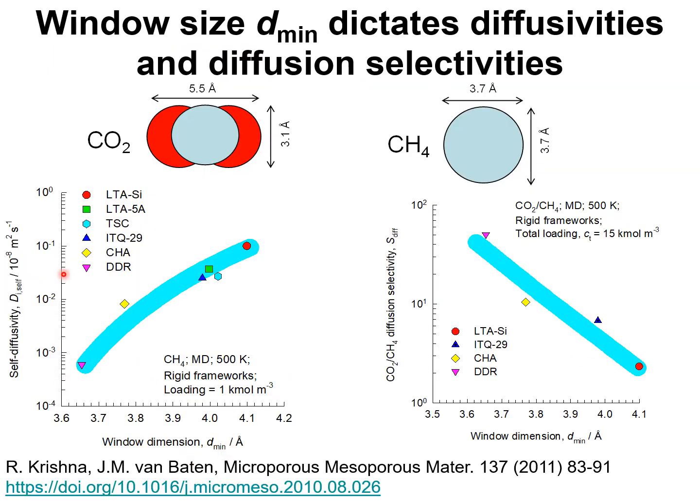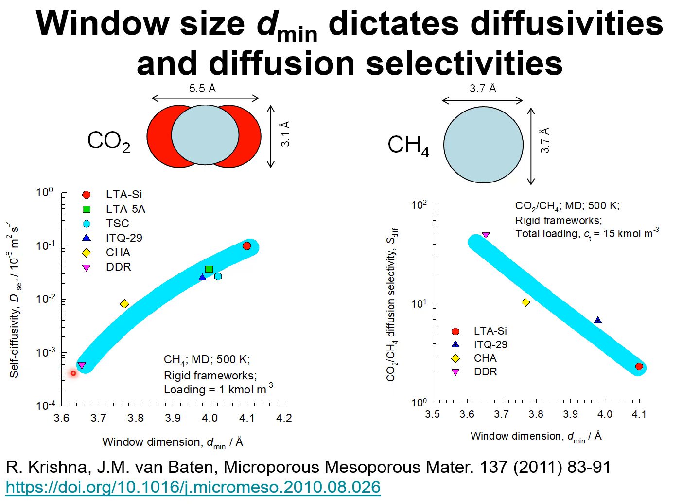In this graph, I show molecular dynamic simulations of the diffusivity of methane in DDR, Chabasite, LTA zeolite, LTA 5A, and LTA all silica zeolite.